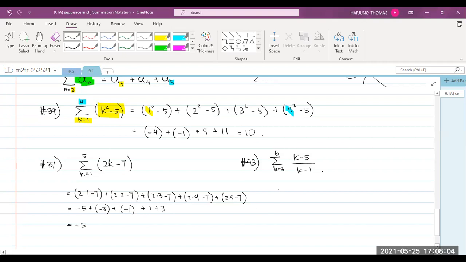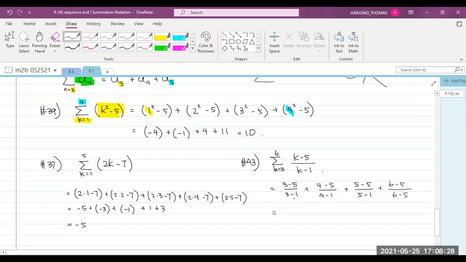For number 43, we start from k equals 3, right? So 3 minus 5 over 3 minus 1, plus 4 minus 5 over 4 minus 1, plus 5 minus 5 over 5 minus 1, plus 6 minus 5 over 6 minus 1.